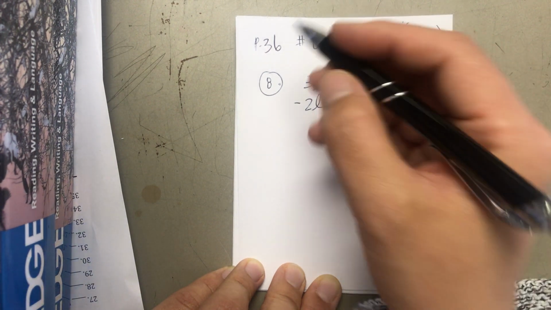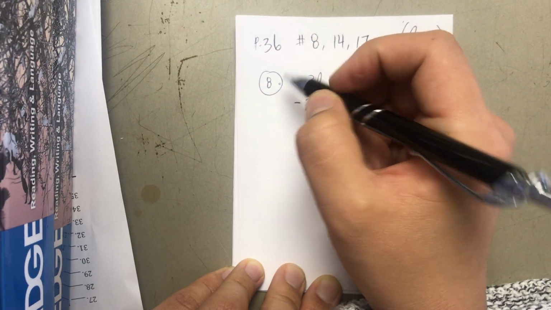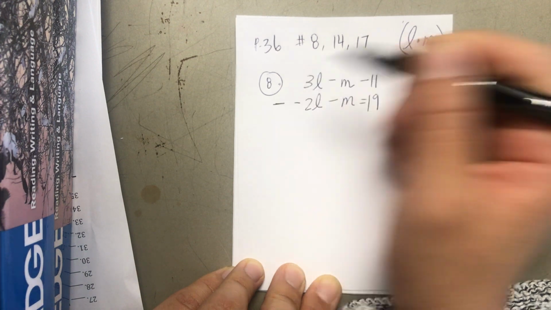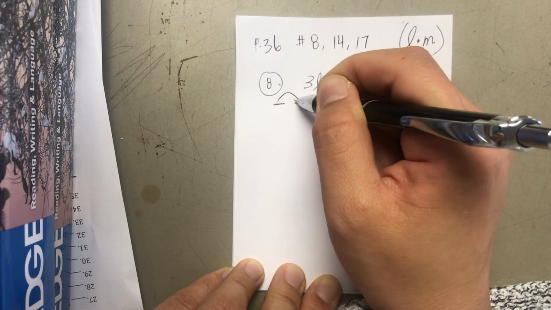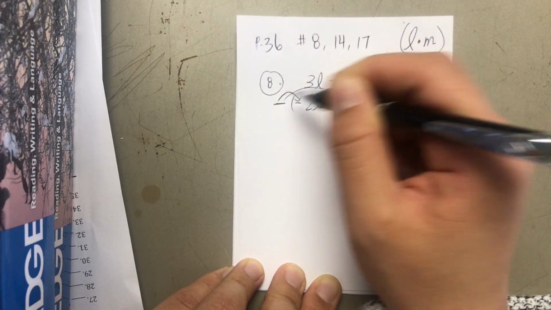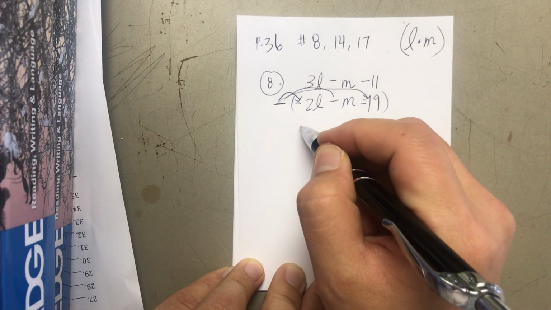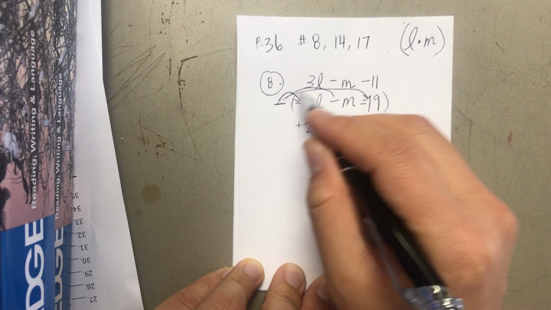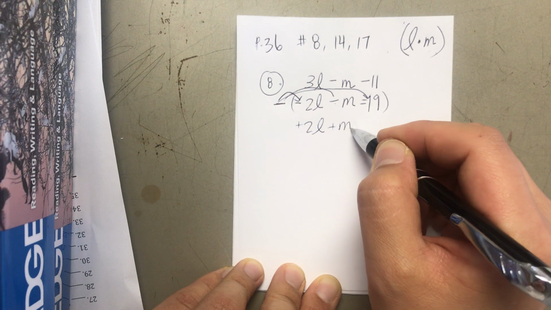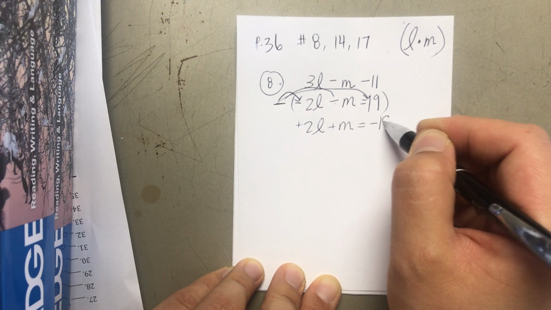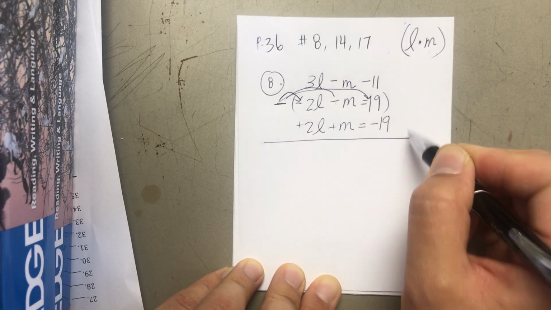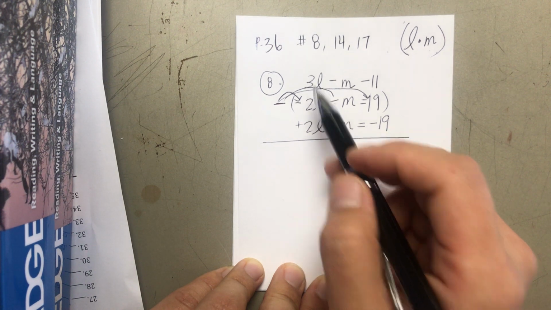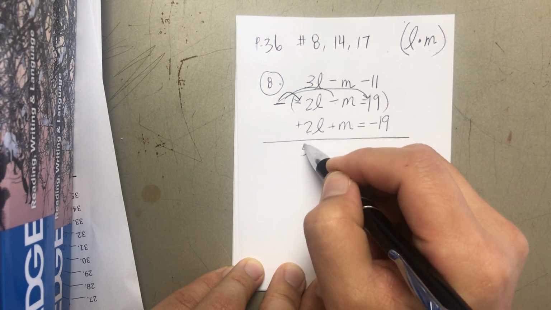But if we turn this one to a negative, if we subtract it, then you have to distribute it all throughout. That's going to be positive 2L, that times that is a positive M, and this is going to be a negative 19. So 3L plus 2L is 5L.